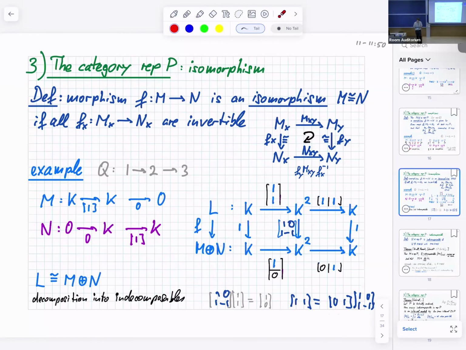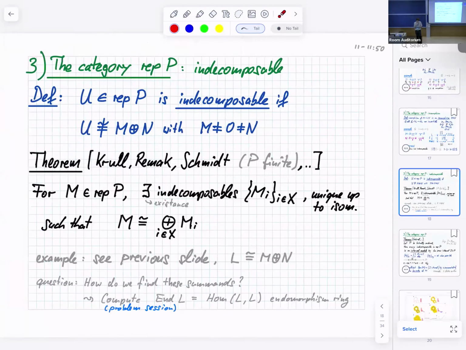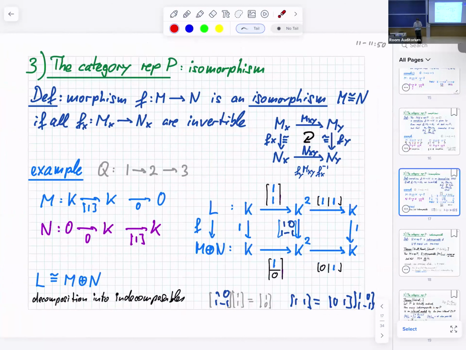Okay. The problem is that I was a little bit cheating here. I mean, I gave you L, and I knew already it would decompose into these two guys, and then I just asked you a question: find an isomorphism. Finding an isomorphism can be done in an efficient way.